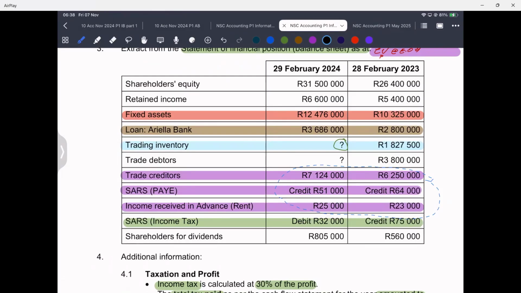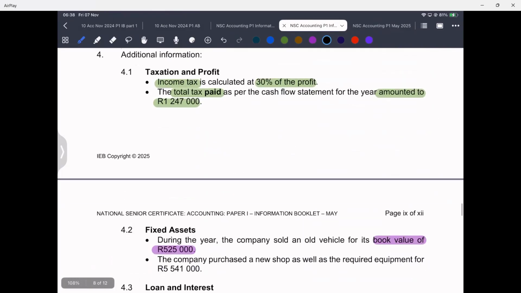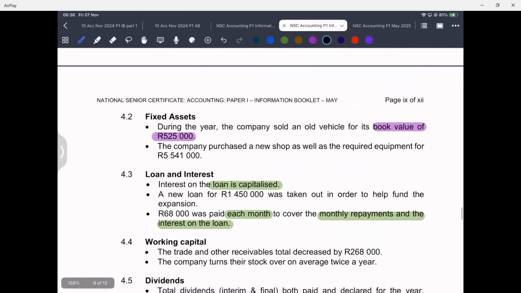I'm not going to include sales income tax, as well as shareholders for dividends. So I'm just going to leave those ones out. Okay, this is all I've got.